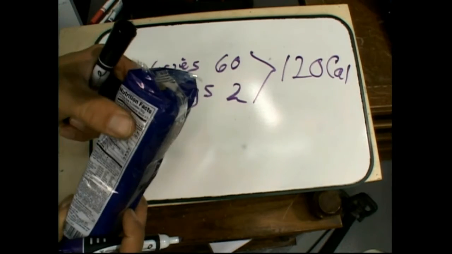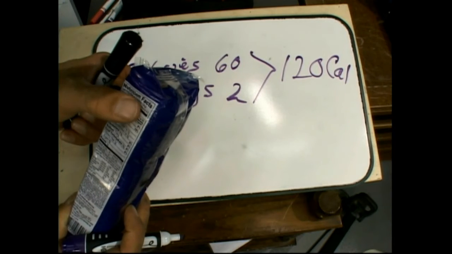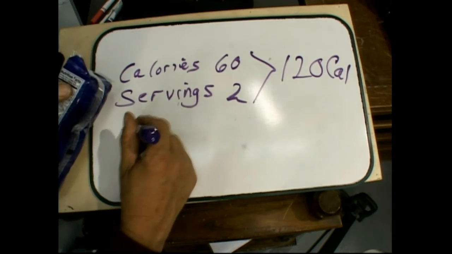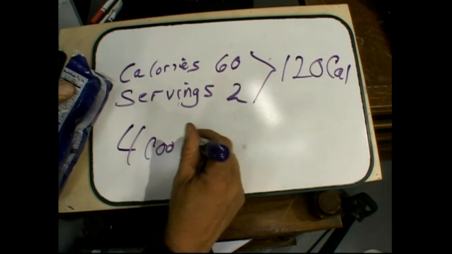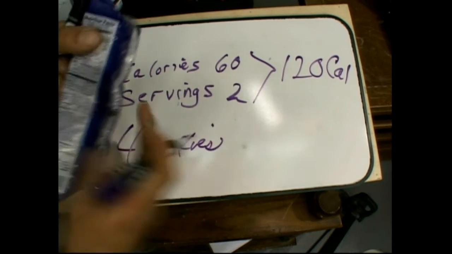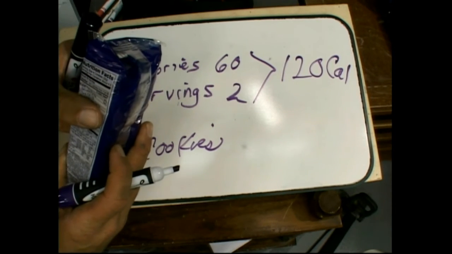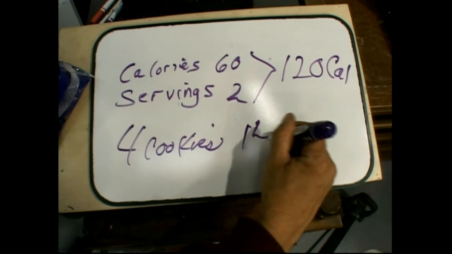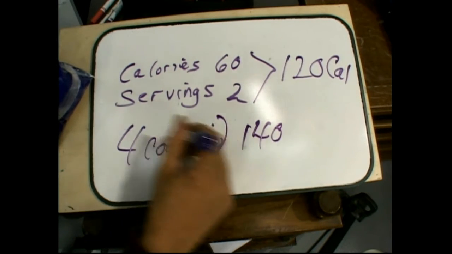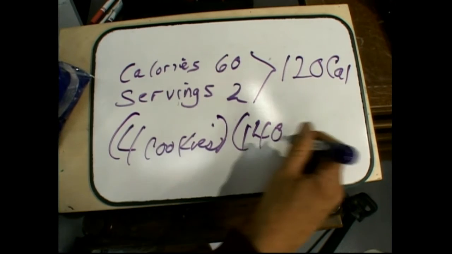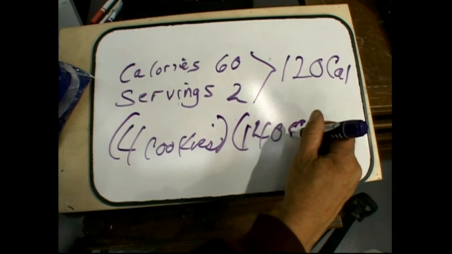Cookies. There's 4 cookies is 140 calories. So see the way the parentheses comes in now? It's easier, right? 140 calories, capital C, like I said.